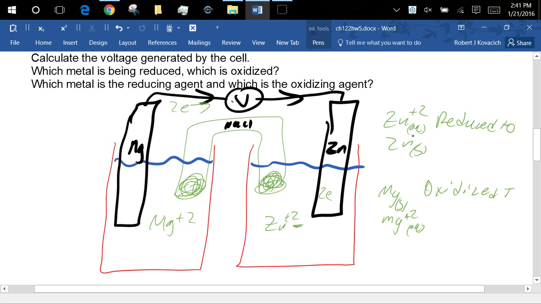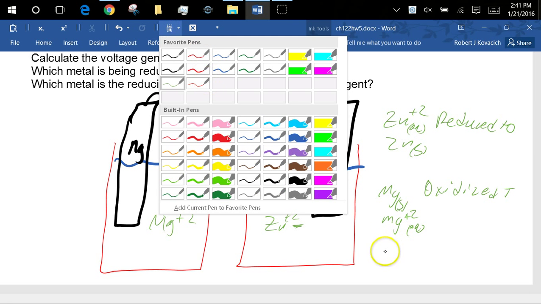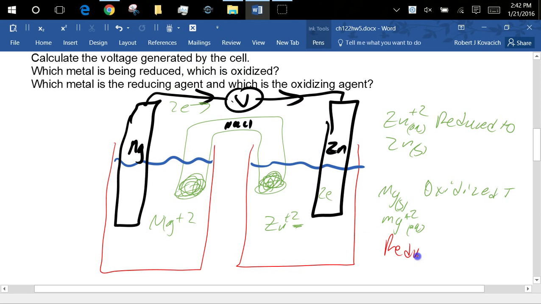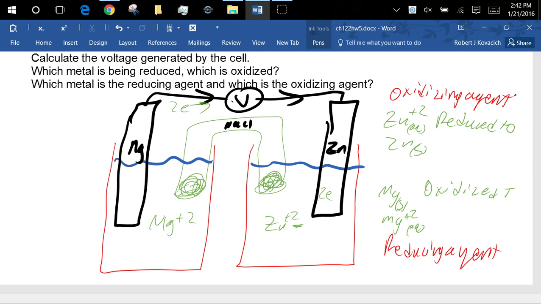Which metal is the reducing agent? The magnesium is the reducing agent. What is happening to the magnesium? It's being oxidized, right? So if it's being oxidized, it's losing electrons.